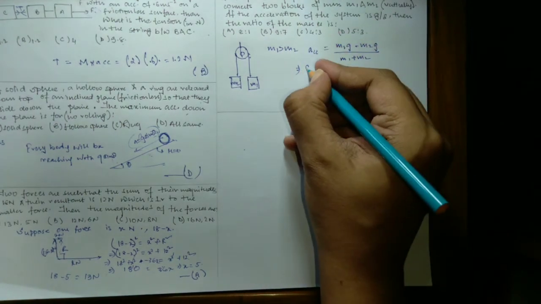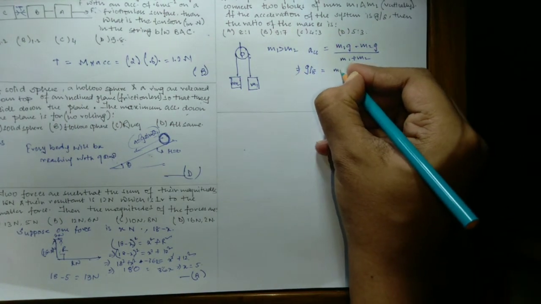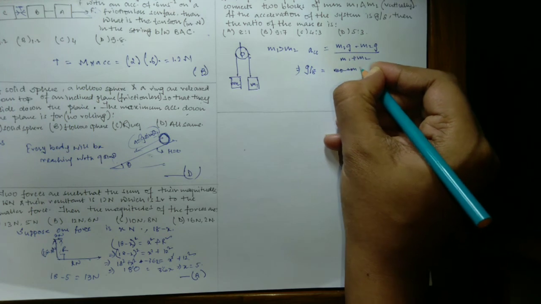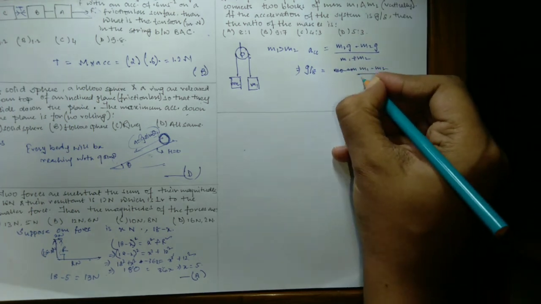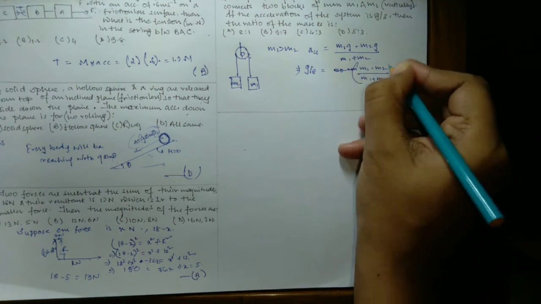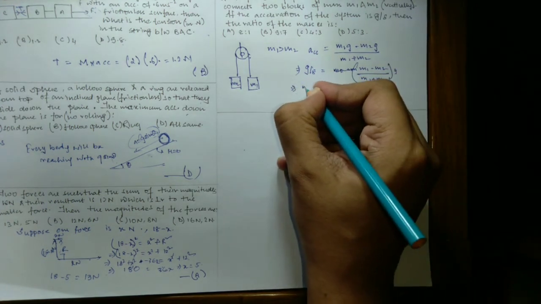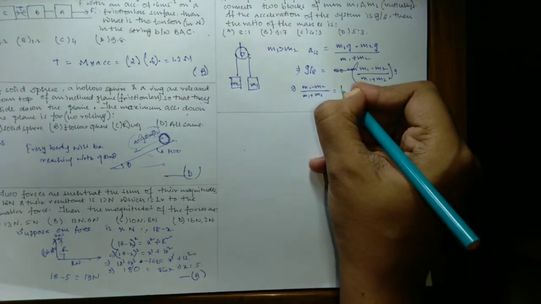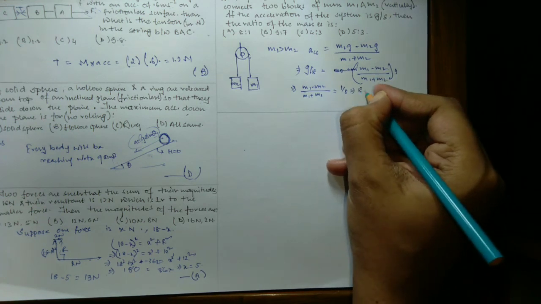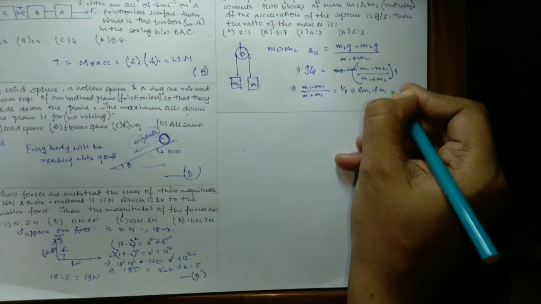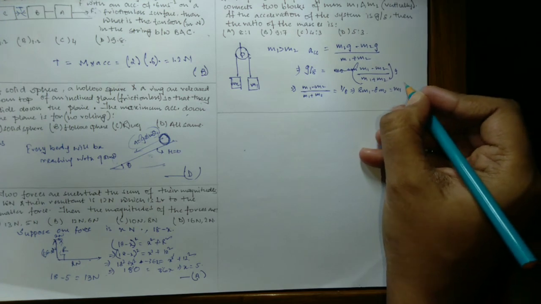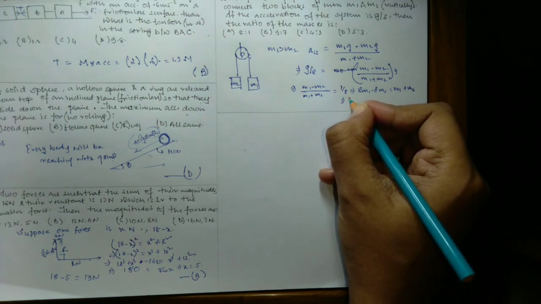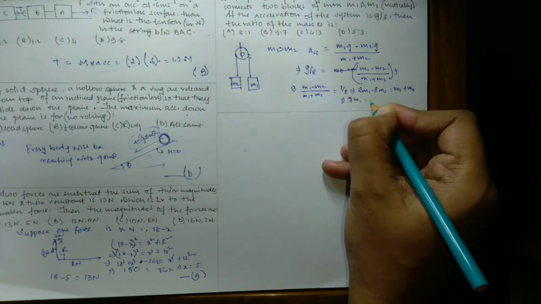This common acceleration is given as g/8, so (m1 minus m2) by (m1 plus m2) into g equals g/8. So (m1 minus m2)/(m1 plus m2) is equal to 1/8, and 8m1 minus 8m2 is equal to m1 plus m2, so 7m1 is equal to 9m2.